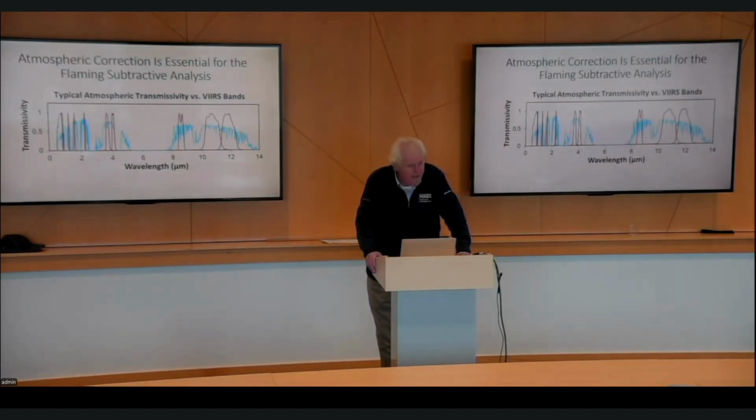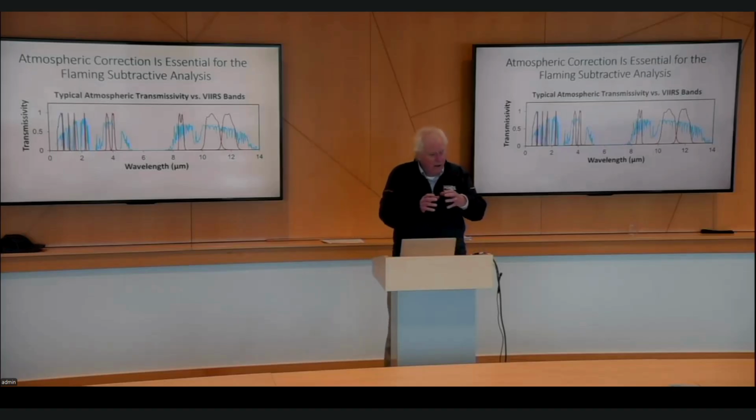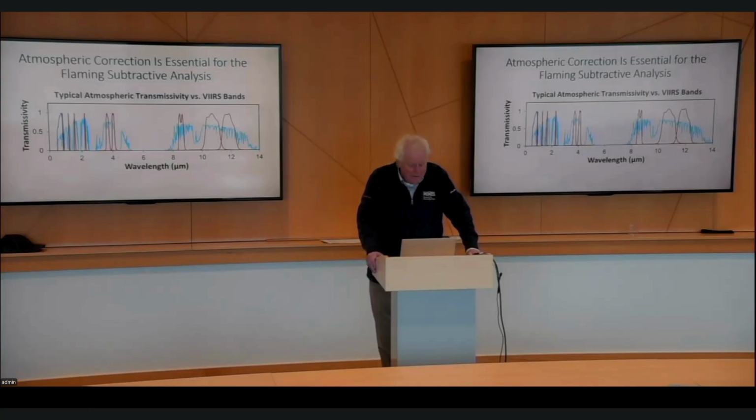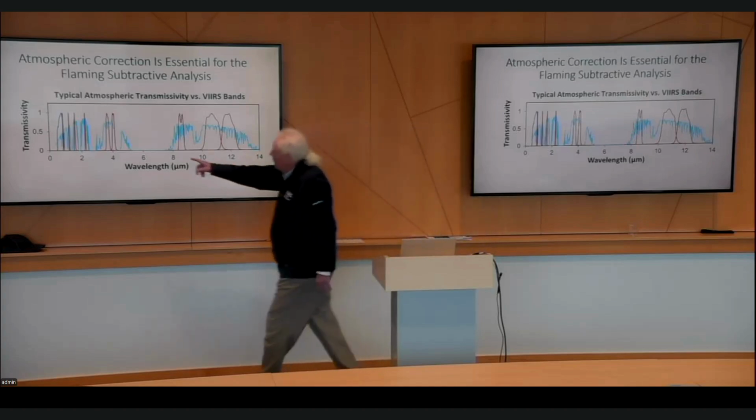And so we kind of learned the hard way that we have to do an atmospheric correction. We first developed this method and applied it to nighttime Landsat with no atmospheric correction. We saw these dark patches inside the non-flaming phase. And it got us to think about why that happened. And it traces back to the transmissivity differences between the shortwave infrared right here.